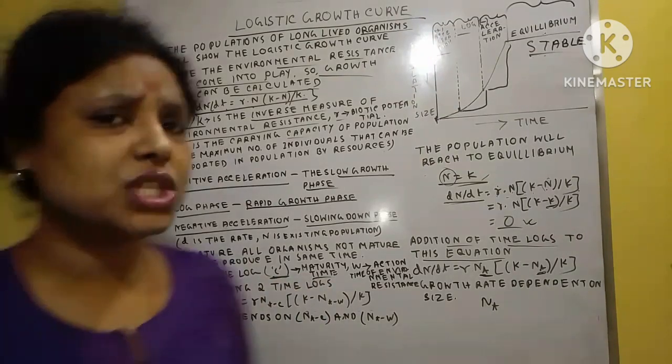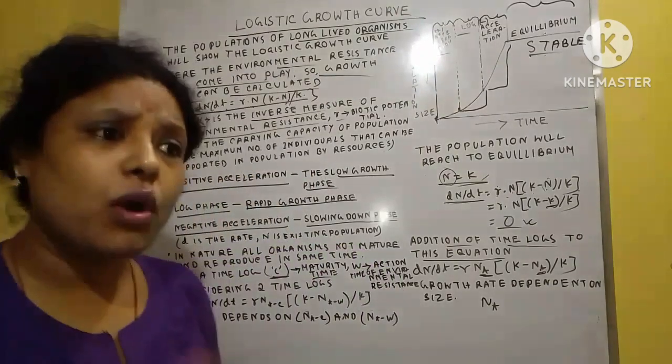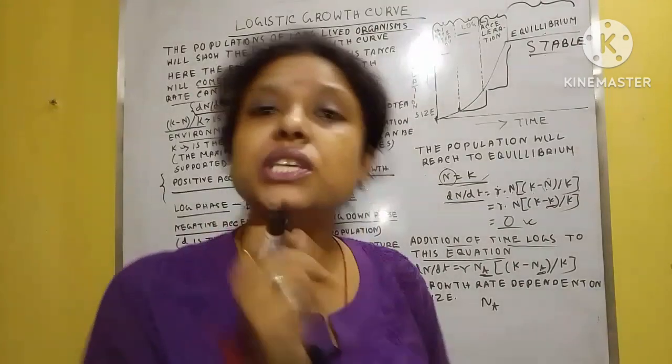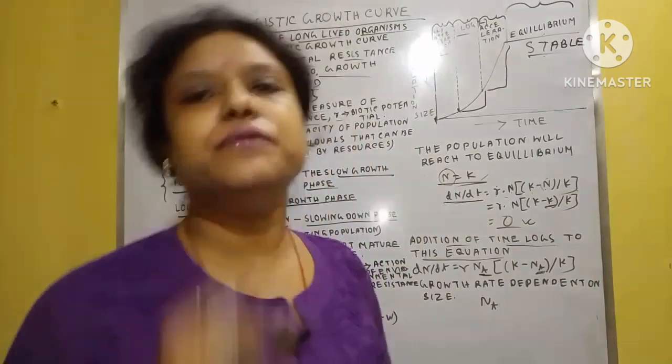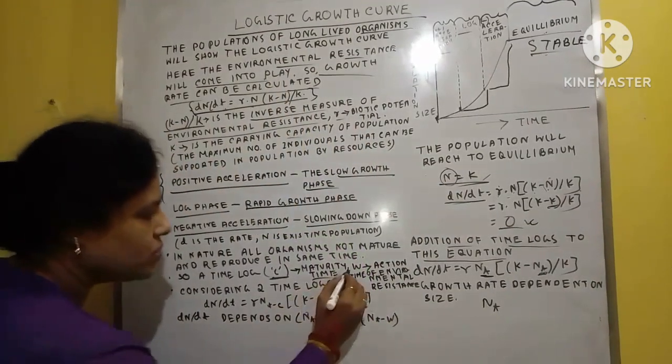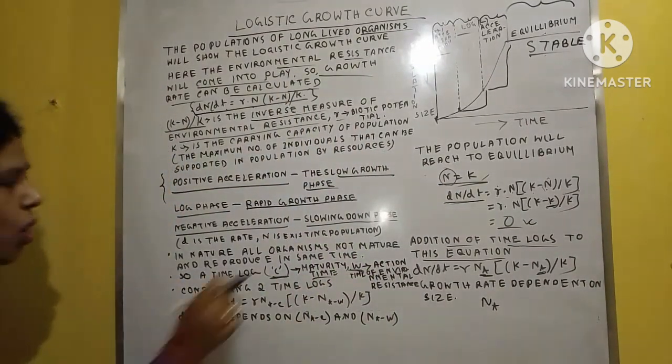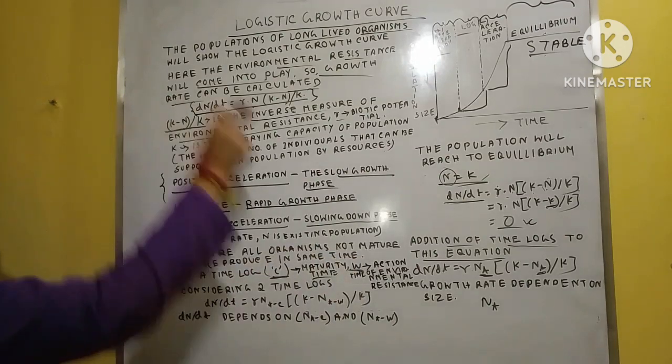Now another situation arises. On which unit time is environmental action seen on the individuals? That is W. Now we have added all these times to this equation.